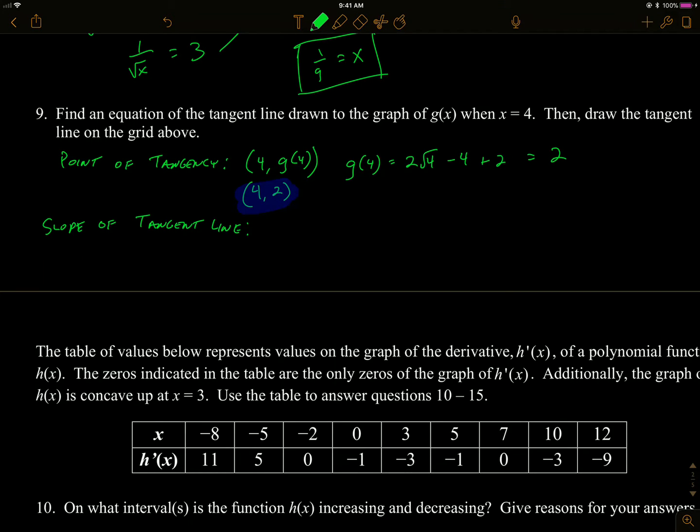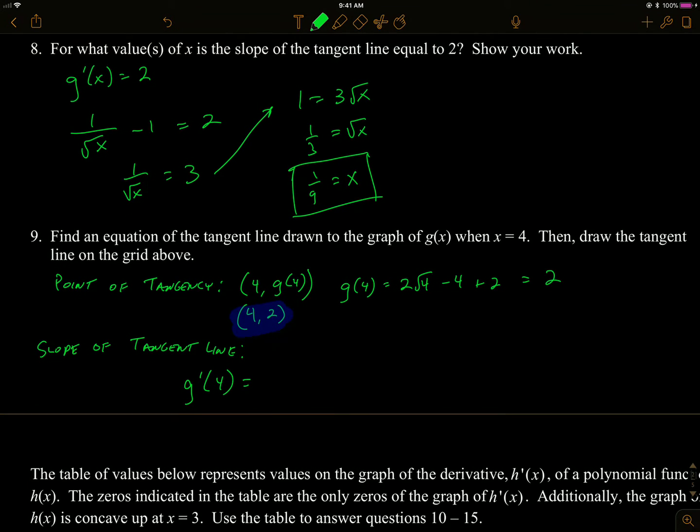And the slope of the tangent line will come from g prime of 4. We found our derivative to be 1 over root x minus 1, so it's going to be 1 over root 4 minus 1. So that works out to be 1/2 minus 1, negative 1/2. So that's the slope of our tangent line.